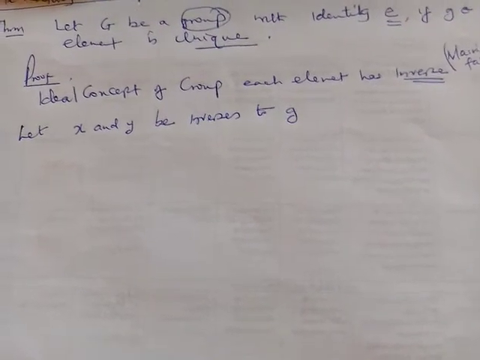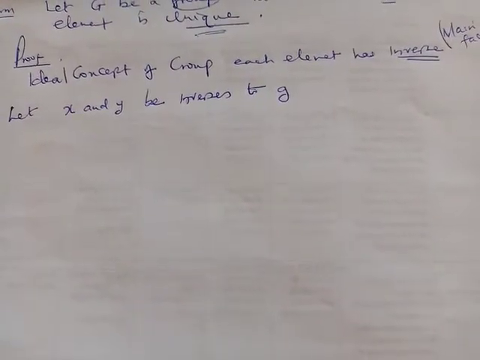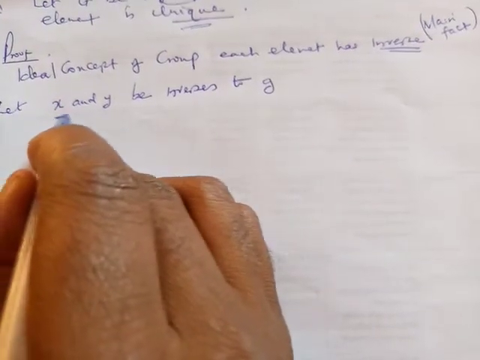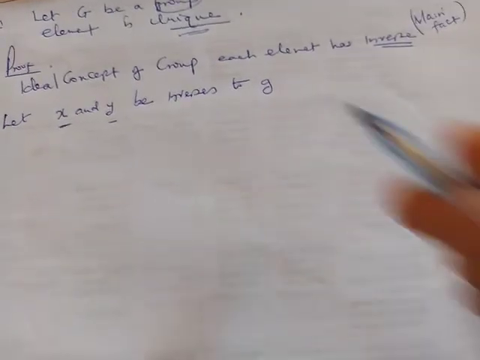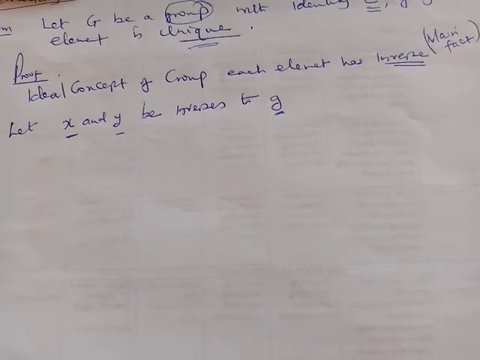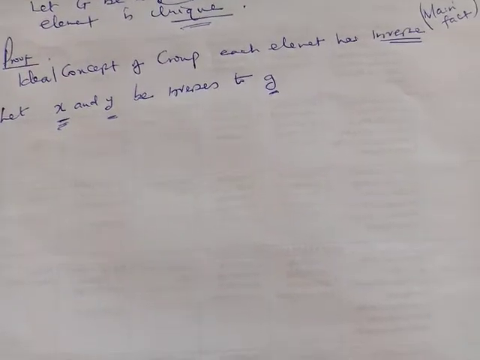Remember, our interest here is to prove uniqueness. So if we want to prove uniqueness, if truly this X and this Y are inverses to G, then if these inverses are unique, it will mean that X and Y mean the same thing.